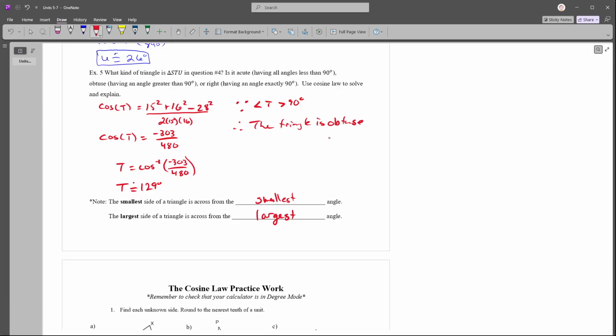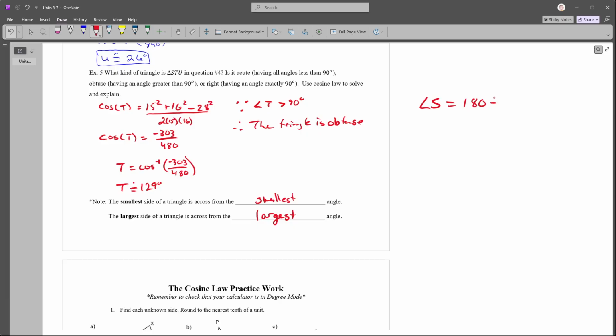Now, I can say if it asks us to calculate all 3 angles, the last angle would be really quick. Well, we know a triangle is 180 degrees. So the only other angle we're missing is angle S. It would be 180 degrees for the whole triangle minus the angles we know.